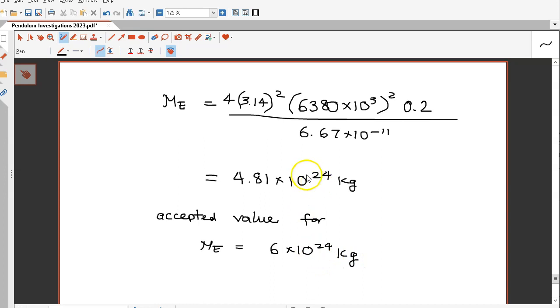So not bad. You can see the order of magnitude was the same. So this is roughly 5 times 10 to the 24, but the accepted value is 6 times 10 to the 24. But that's not bad for being able to estimate the mass of the Earth just using a piece of clay and a piece of string. So I hope you found this useful.